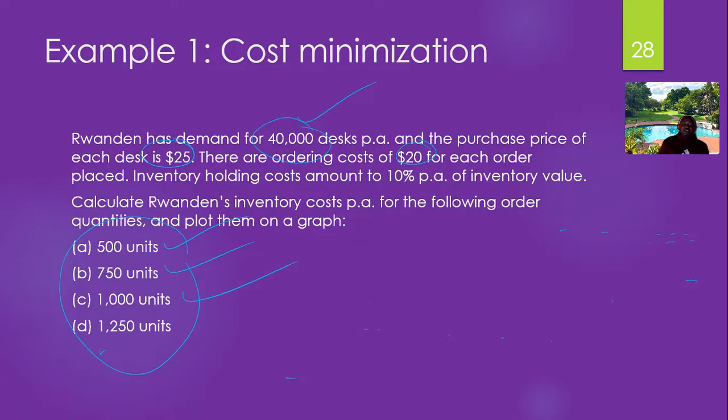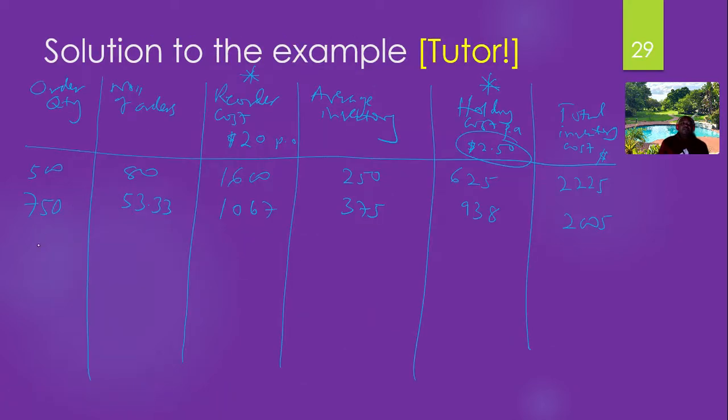Then there was another order size of 1,000. Let's try this one. 1,000 units, and the number of orders would be 40,000 divided by 1,000, and we come to 40. And the reorder is $20 per order. That is 20 multiplied by 40, that's 800. And the average inventory, that's 1,000 over 2, that's 500.